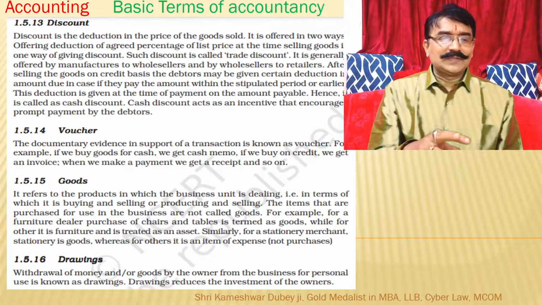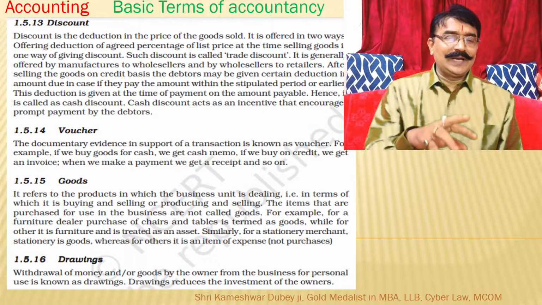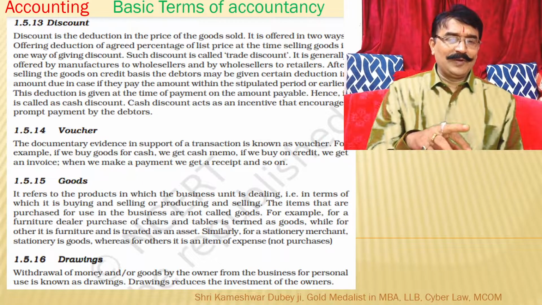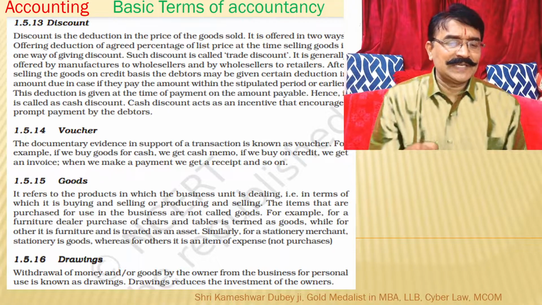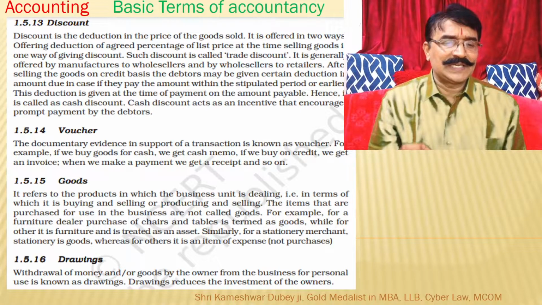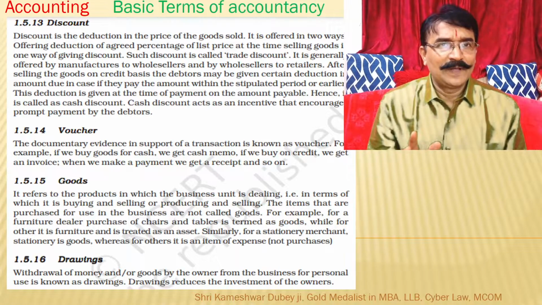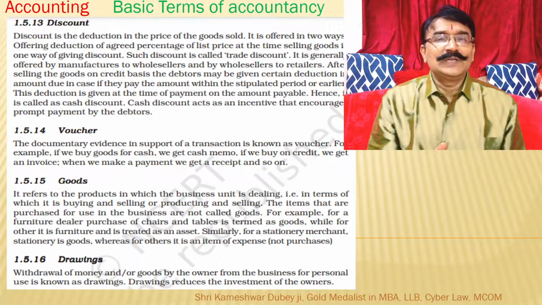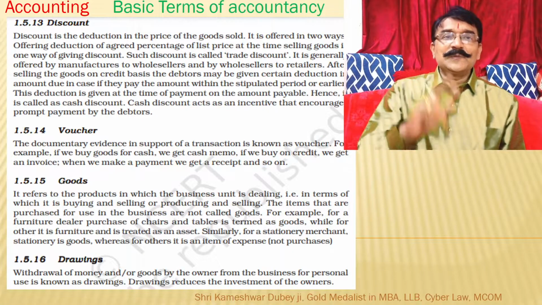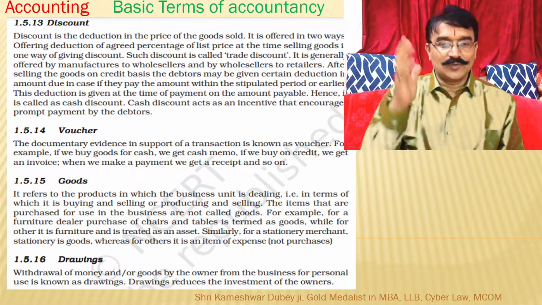Many times one item may be goods for one company and the same item may not be goods for another company. For example, a furniture dealer's purchase of chairs and tables is termed as goods. The furniture dealer is purchasing chairs and tables for the purpose of selling, so they are goods.